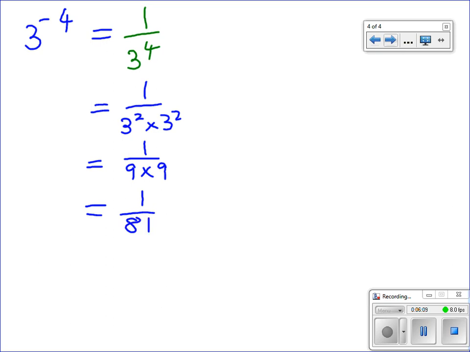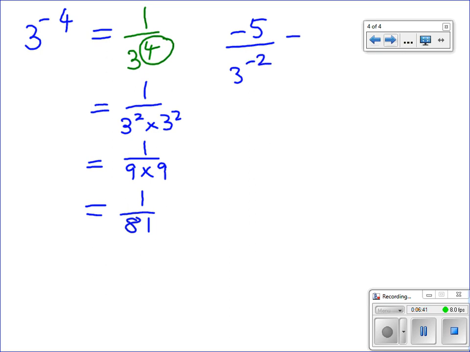With these ones where we're asked to do it without using a calculator, first of all, we write it as a positive power, and then we work through the arithmetic of getting the actual numerical answer. So we could have harder ones like minus 5 over 3 to the power of minus 2.